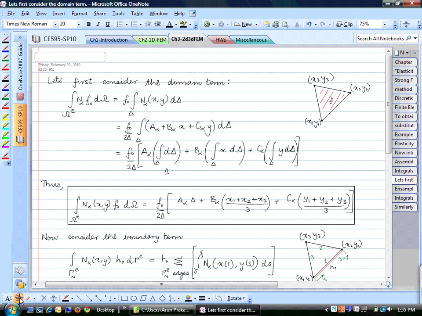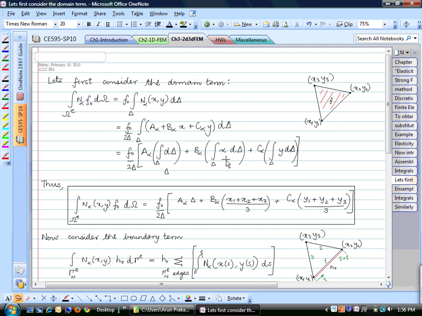How about this quantity? We can again do the same thing. B alpha is a constant. We can pull it out of the integral. What we are left with is x times d delta. So if I take the integral of that, what is that? Yeah, that's the first moment. It's not the moment of inertia, but it's the first moment of that triangle about the origin. So in that case, what is that going to be?